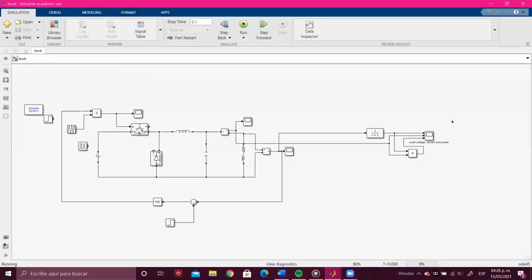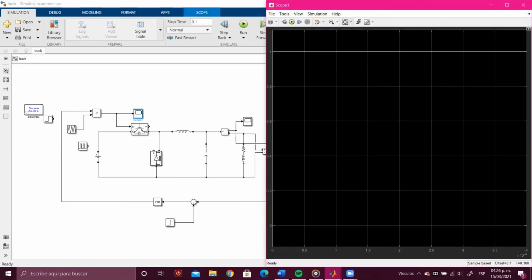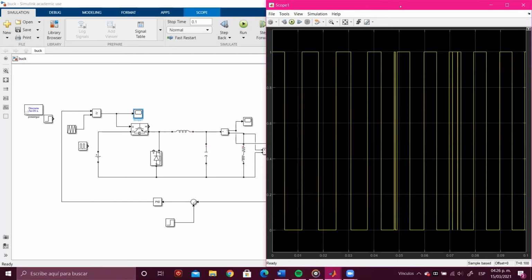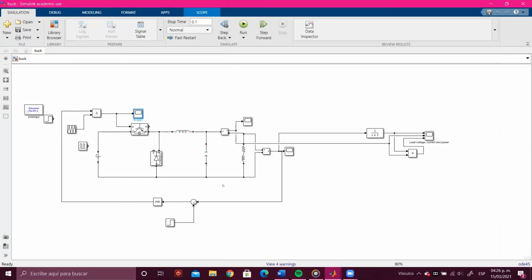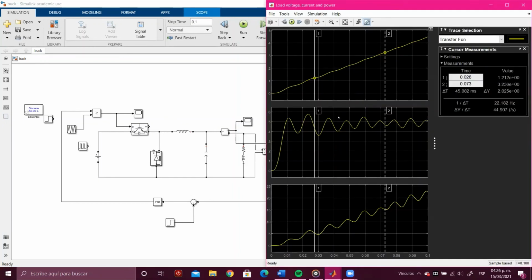We run it, and first we're going to see in the voltage that, as in the chopper, it goes to the voltage source and then decreases to zero. All the same. And what's interesting is here. We click here, and we see that the current is changing according to the energy contained in the inductance and the capacitor.